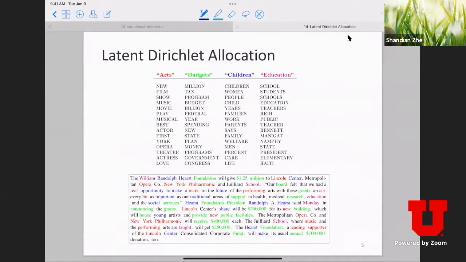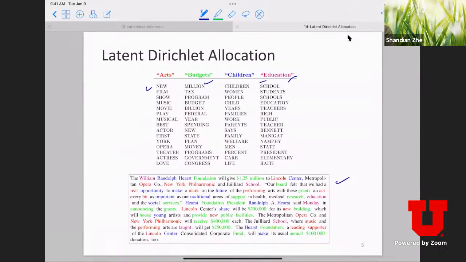Okay, so one example of latent Dirichlet allocation, as we mentioned, is that it wants to extract topics and topic words from a document. So look at this piece of document. This is the running result of latent Dirichlet allocation. It extracts different sets of words, and each set of words represents a particular topic, marked by different colors.